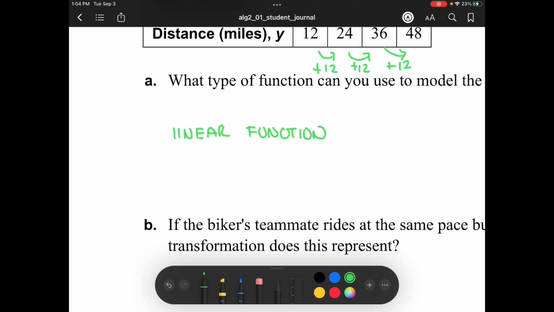And that's going to be that the distance increases by the same amount over each interval. So input increases, the distance increases the same amount over each interval.